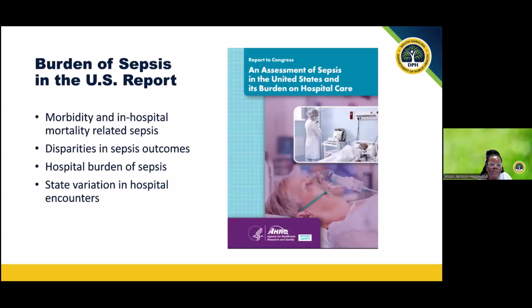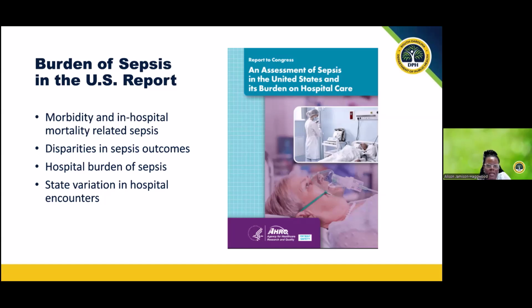So the burden of sepsis in the U.S., this is a report that goes to Congress. This report offers a comprehensive assessment of hospital care for sepsis in the United States. It looks at morbidity and in-hospital mortality related to sepsis, disparity in sepsis outcomes, the hospital burden of sepsis, and the state variation in hospital encounters. Tracking sepsis incidence, treatment, and outcome can be challenging due to the absence of a gold standard diagnostic protocol.